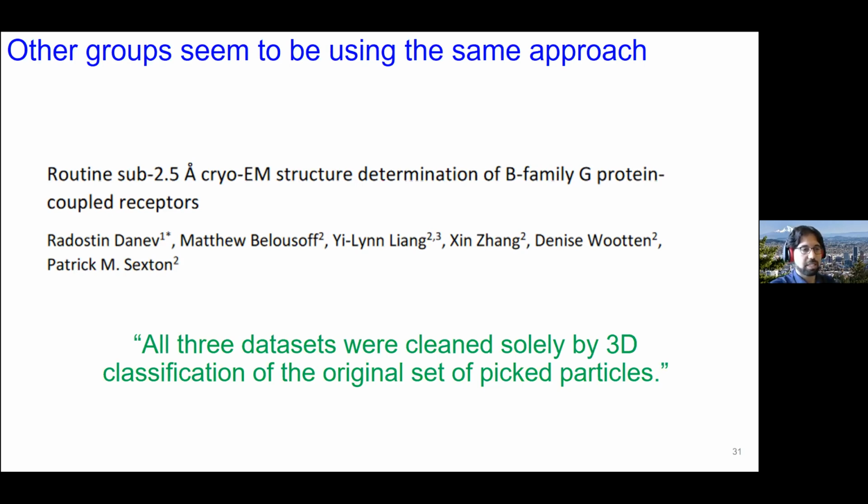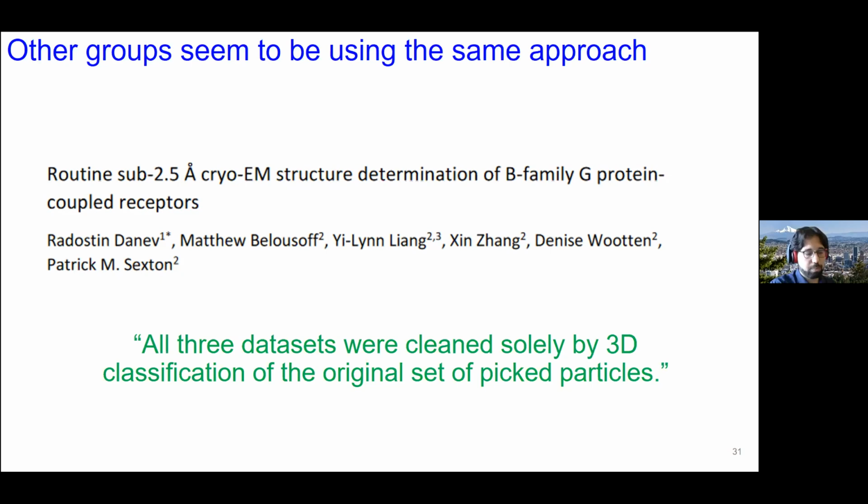One of the measures that they had was how many particles it takes to get to 3 angstrom resolution. And I think it was in GPCRs, but for a lot of those data sets, around 150 to 200,000 particles was where they were. Some of them were as low as like 120,000, and these are all for non-symmetric proteins.